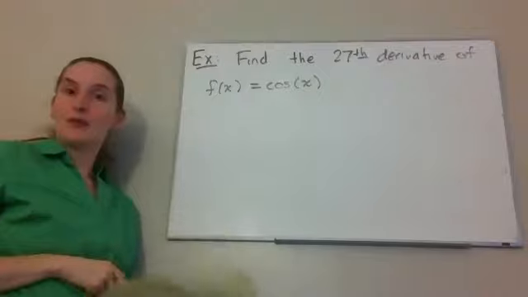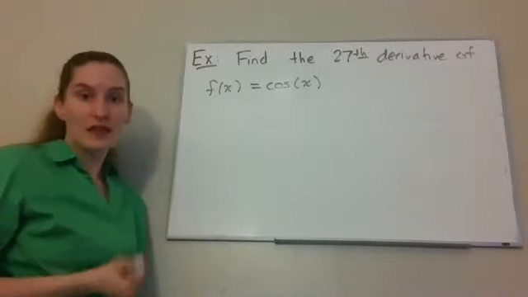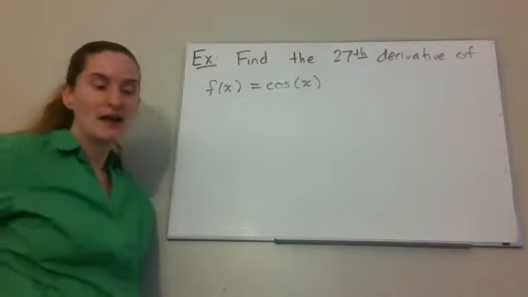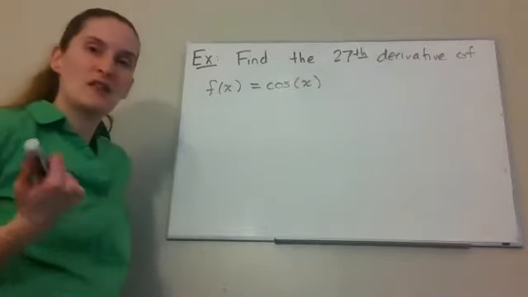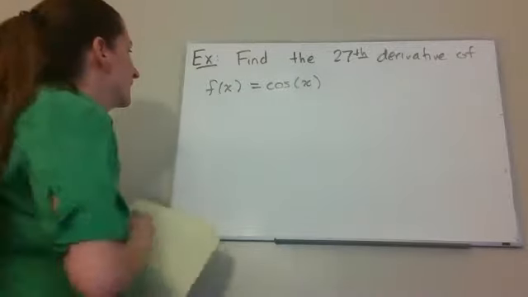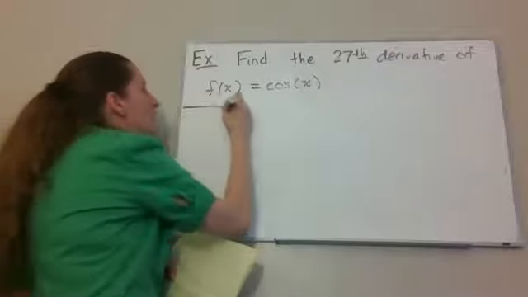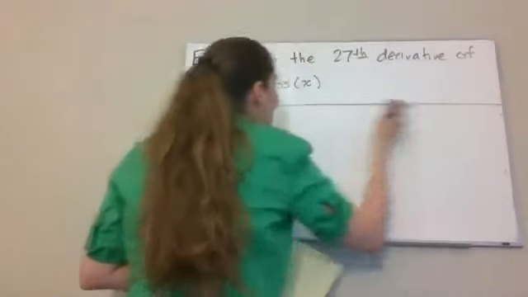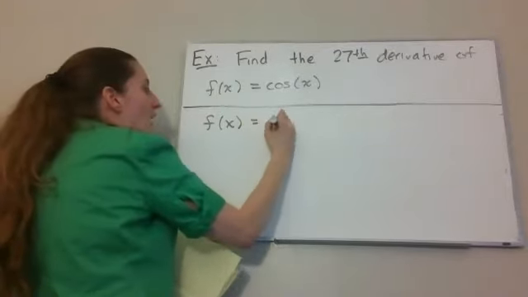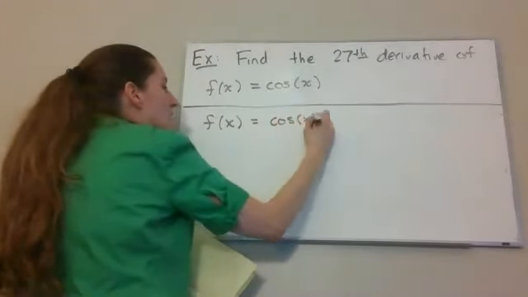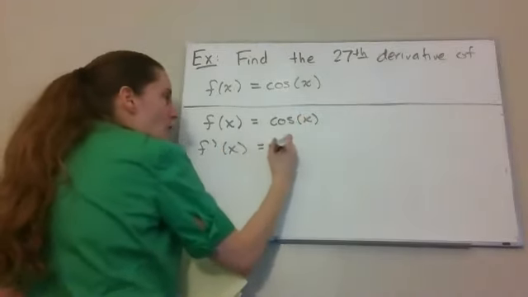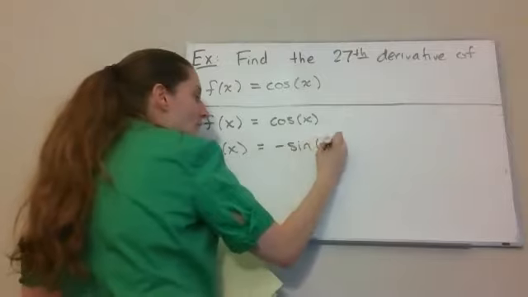So there's a couple ways we can do this. You can literally just take the derivative 27 times if you want. There's nothing wrong with that. But if we start trying to do that, you might notice a pattern that will help you save a little bit of time. So let's just take a look at what happens when we start taking the derivative. We have f of x is cosine. So my first derivative, using our rule, is negative sine.